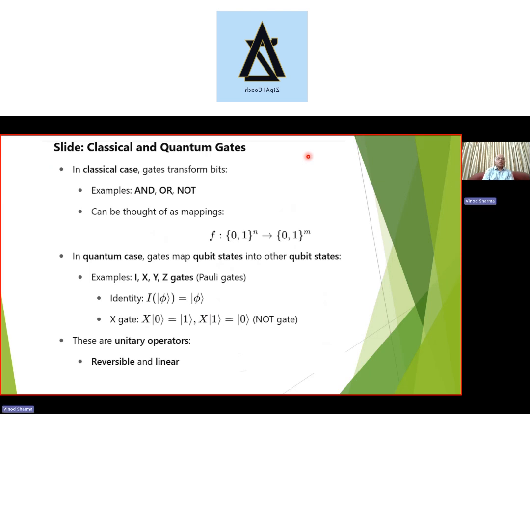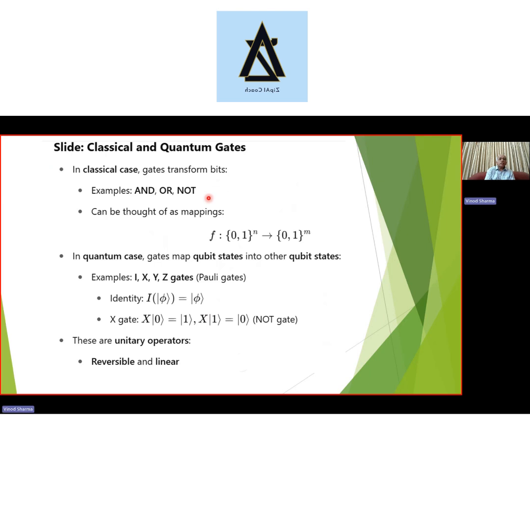Now, let's talk about classical and quantum gates. We have just compared the bit and qubit. Now we compare the classical gates and the quantum gates. Classical gates are AND, NOT, or combinations of these. These gates transform bits.